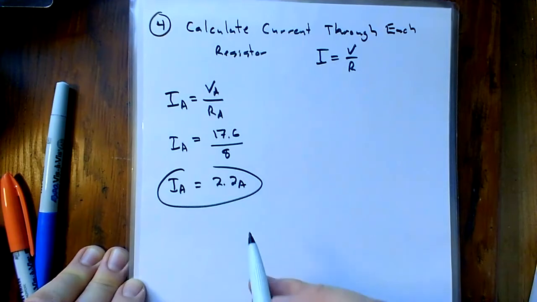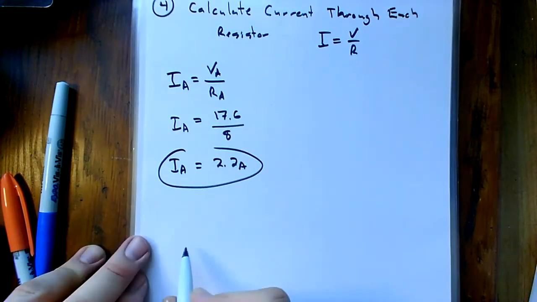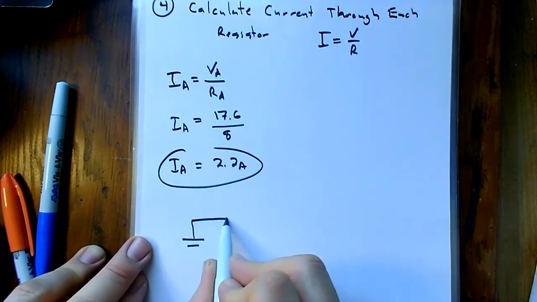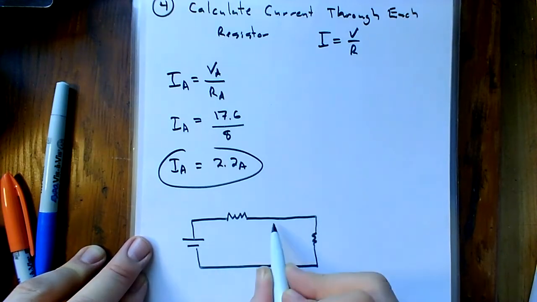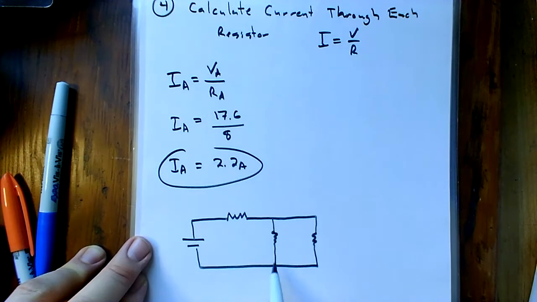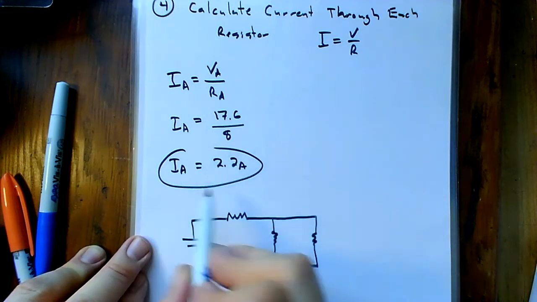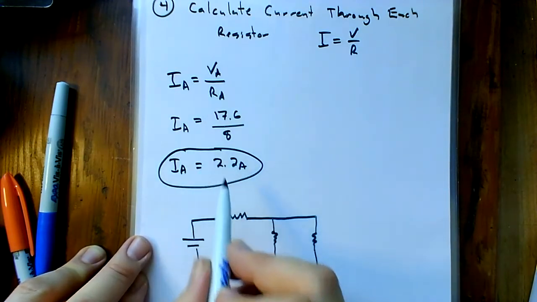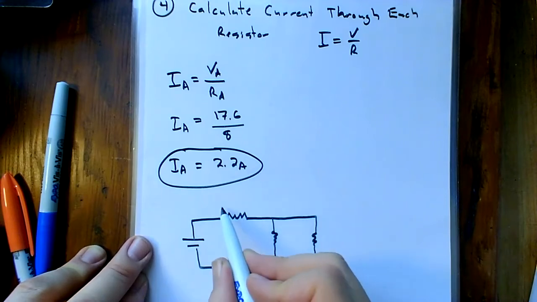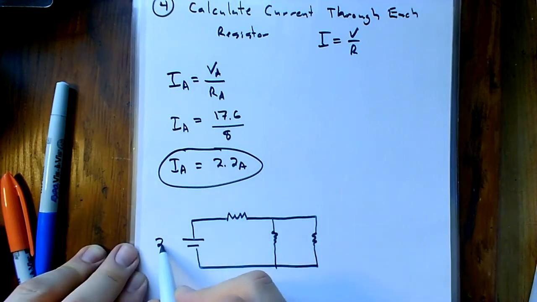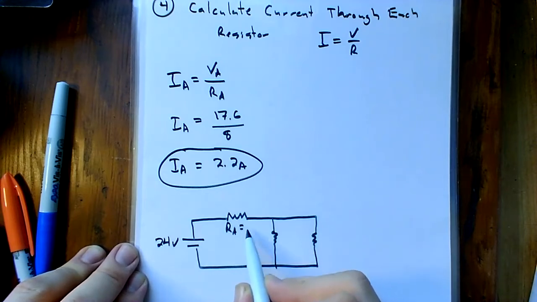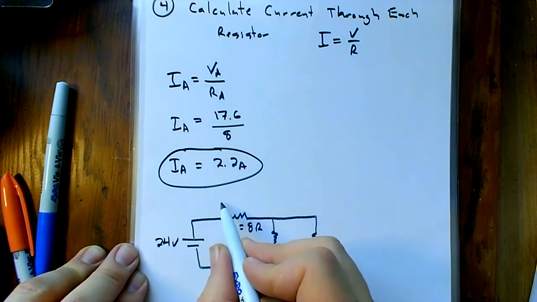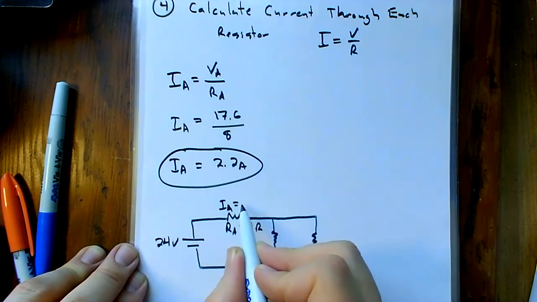Because remember in this original circuit, all of the current is passing through this initial resistor, which means that having the total current be 2.2 through this resistor makes a good deal of sense.